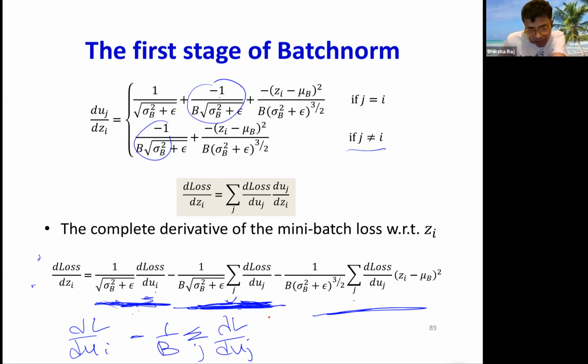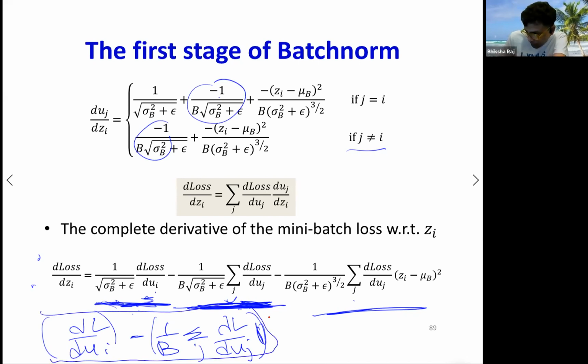What will this term become? 0. It's going to become 0, right? Because dl over du is going to be the same for every term in the mini batch, correct? So the average is going to be the same as this term because they're all the same. All the samples in the mini batch are identical. All the u's are identical. And so this term is going to become 0, right?